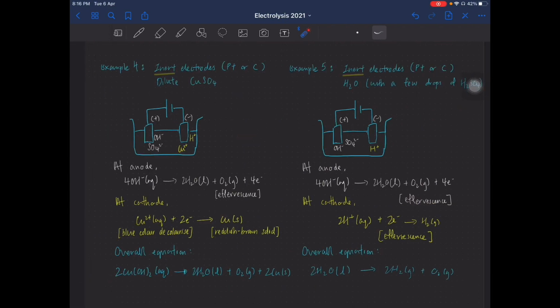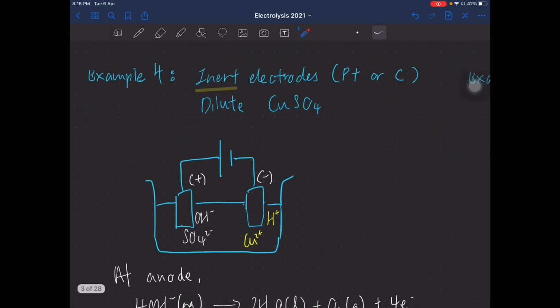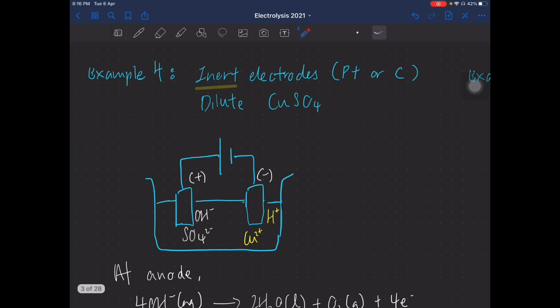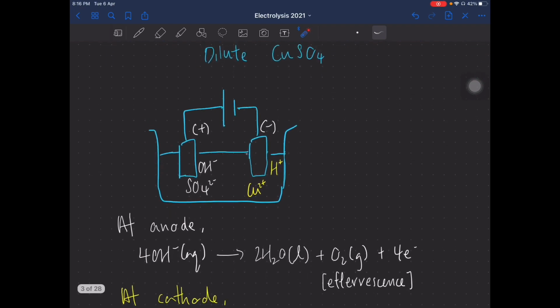Now, in terms of example 4, okay, looking at a dilute solution now, with copper(II) sulfate as the electrolyte. This time around, the ions that we're looking at over here are no longer sodium. We're looking at Cu2+. Likewise, the anion that we're looking at is no longer chloride. We are looking at SO4 2-. Now we are looking at the comparison between copper as well as hydrogen.